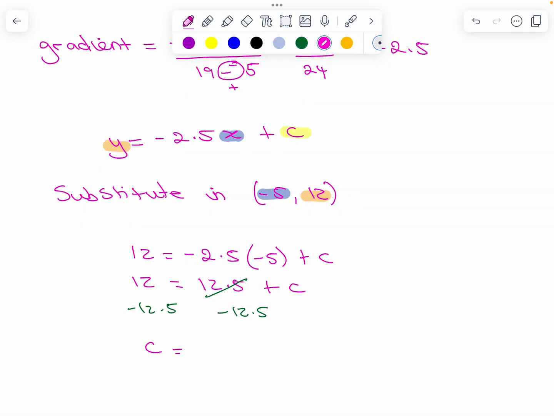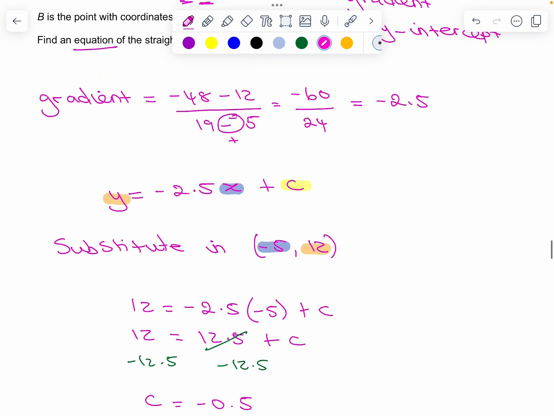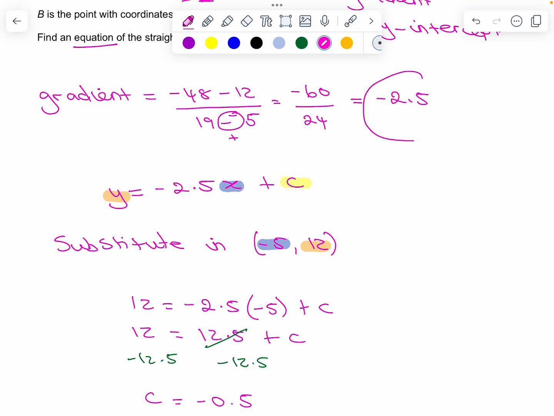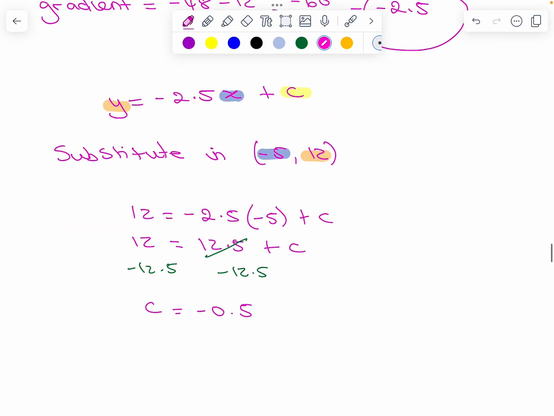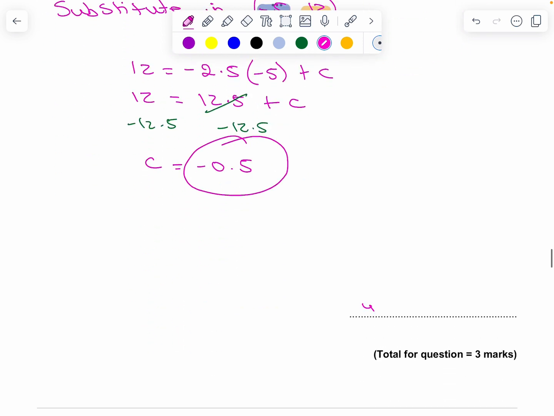So that c equals minus 0.5. I've got my final answer then. I know my gradient and I know my y-intercept. So I can put it all together now, and y equals minus 2.5x minus 0.5.